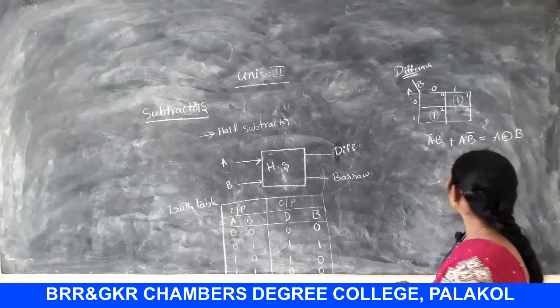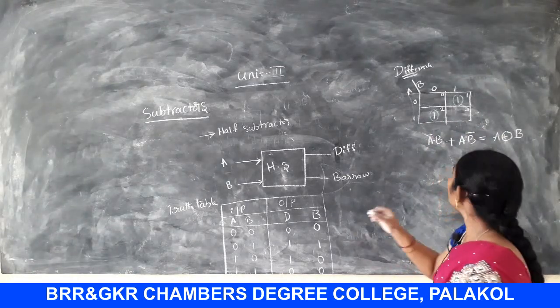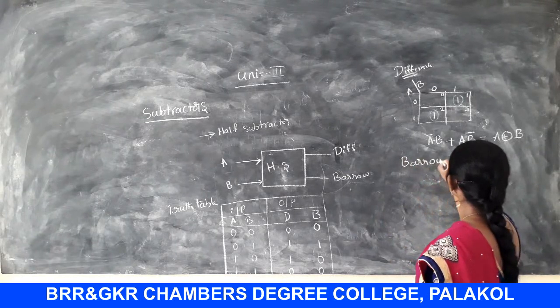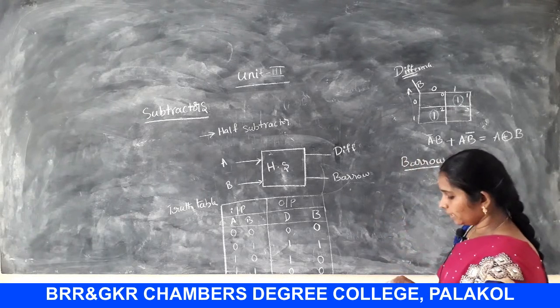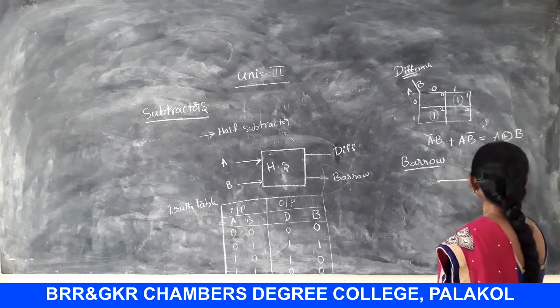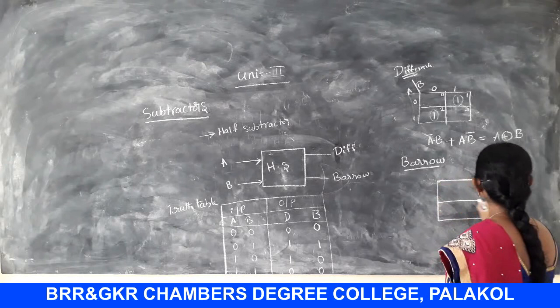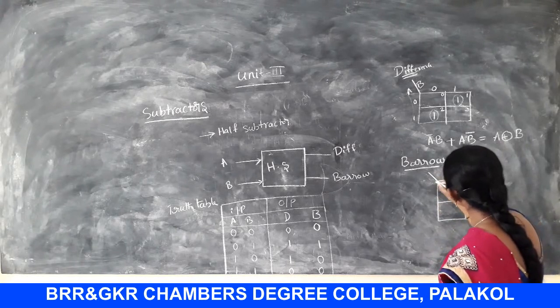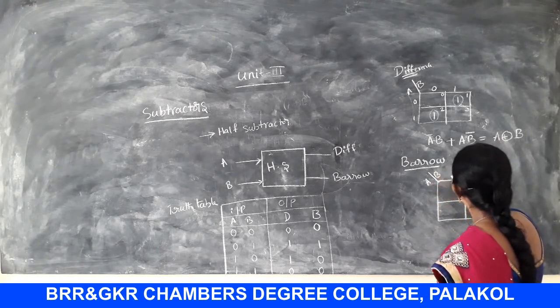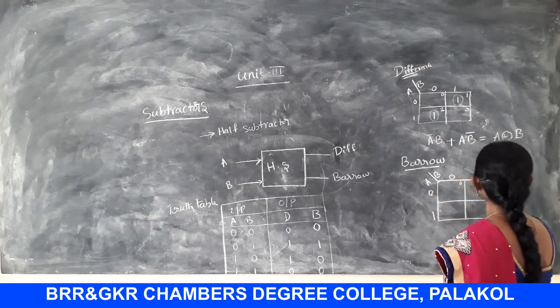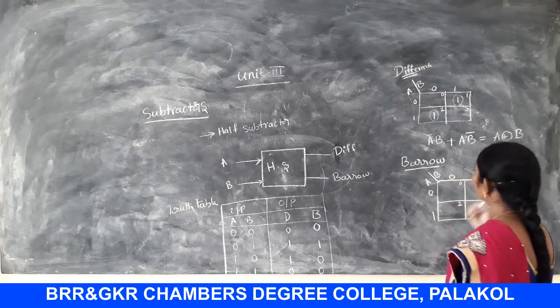Okay, so now we will find out the borrow expression. For borrow, it is also a two variable K map. So like this is A, B. So 0, 1, 0, 1, 0, 1, 2, 3 here.